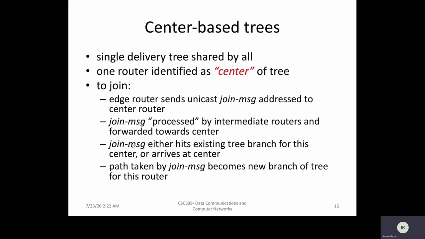It's possible that the join message hits an existing branch of the tree, or it arrives at the center, right? The path taken by the join message becomes the new branch of the tree for this router. Similarly, the other routers can join the rendezvous point or the center router to make a center-based tree.